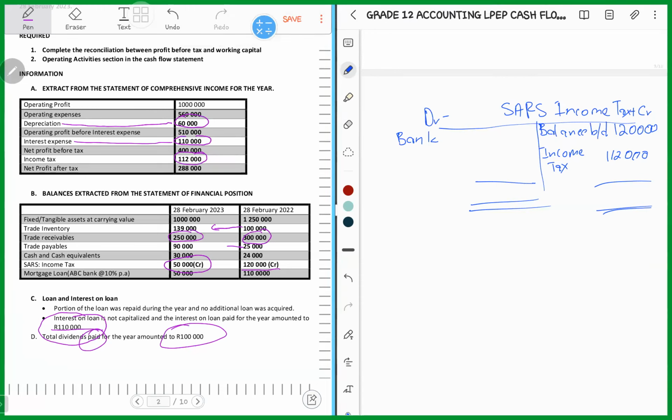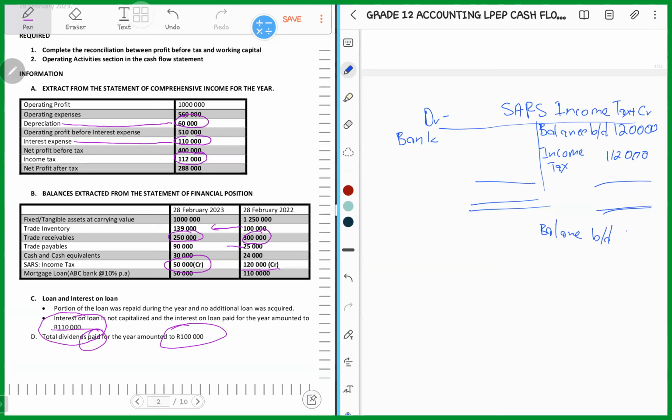Then since they said the SARS income tax, when the year ended, it says credit balance. It doesn't mean that it was closed off on the credit side. No, no, no, no. This means that this is the face value of the SARS income tax when the books open or when we open our general ledgers in the next financial year. So meaning that since it says credit, you're going to come to the credit side and say balance brought down.